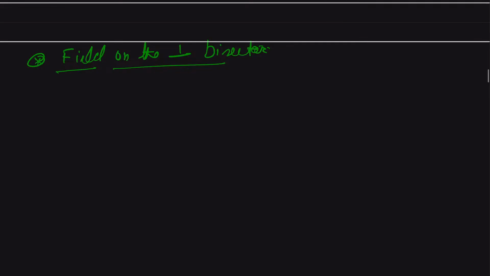Okay. Now we come to the field on the perpendicular bisector, that is part B. Field on the perpendicular bisector, and once again we can just draw the figure.